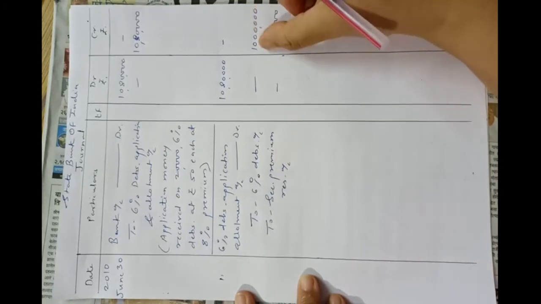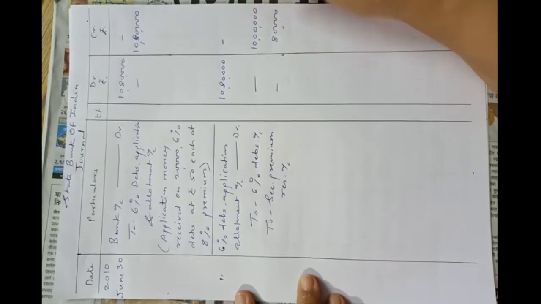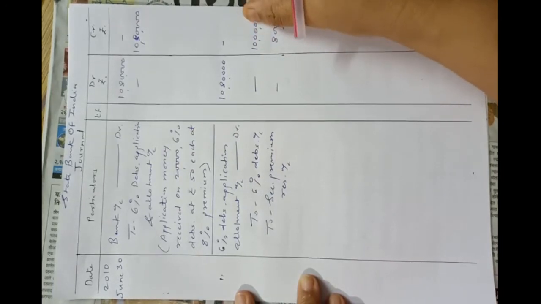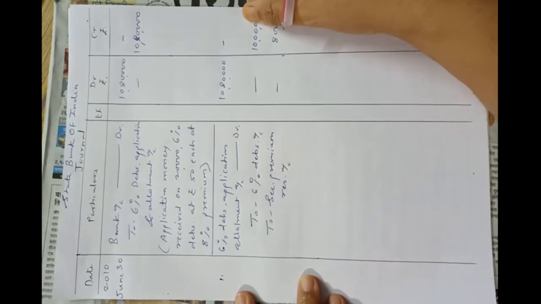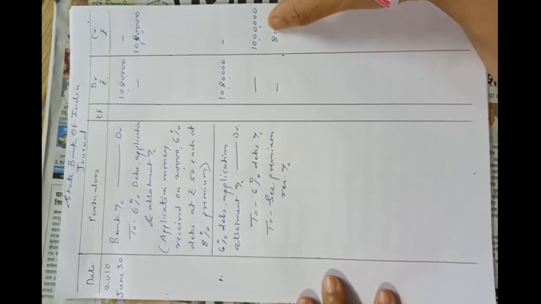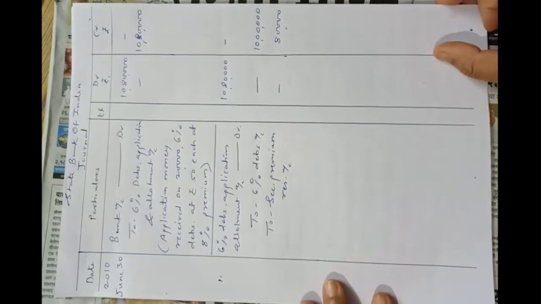See, 8% of 10 lakhs. After cancelling those two zeros, 10,000 is 1% amount. 10,000 into 8 means 80,000. So 80,000 is premium. Okay, securities premium at the time of issue.